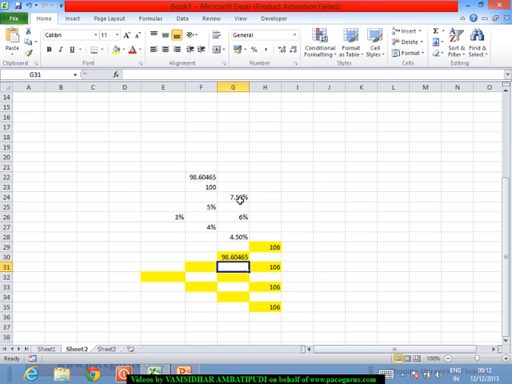So the bond value here is 98.6. The same calculation I carry out here, I am getting 100. And the same calculation, 50% of 106 plus 50% of 106 divided by 4.5%. So the value of the bond at the end of 2 years is going to be these kinds of numbers.